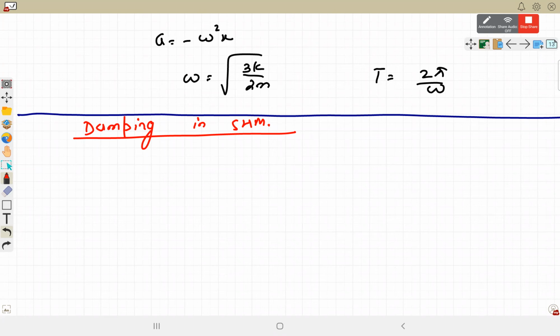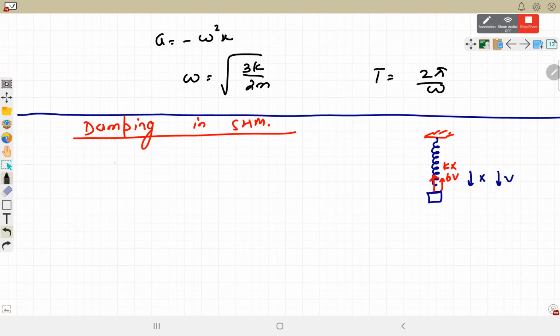So because of the medium, there is always a drag. If it is a liquid, that is called viscosity. Otherwise, in air, it is called air drag. So when the block is given a displacement of x, it has acquired a velocity of v. There is the spring force kx and the damping force bv.